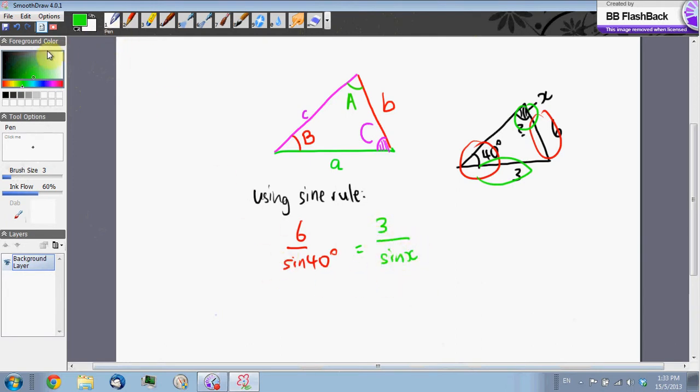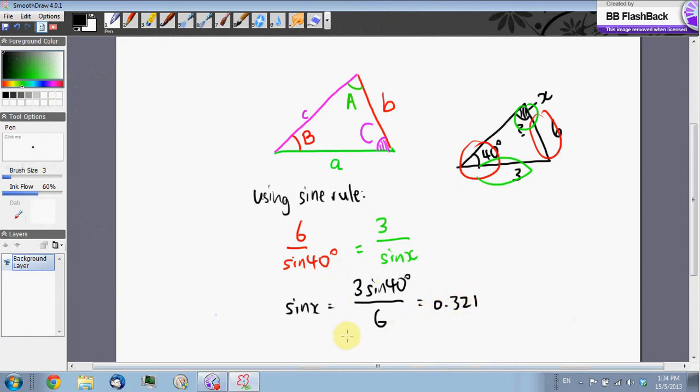So you can see that sine of x is equals to 3 times sine 40 divided by 6, because you just bring sine x here, then you can bring 6 down, and you can bring sine 40 up. So just basic algebra manipulation, which, if I type it into my calculator, gives me 0.321.